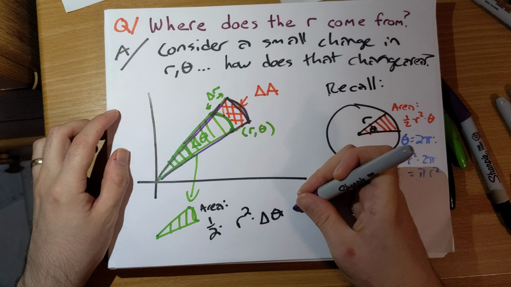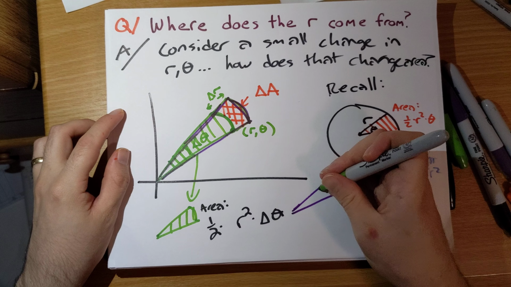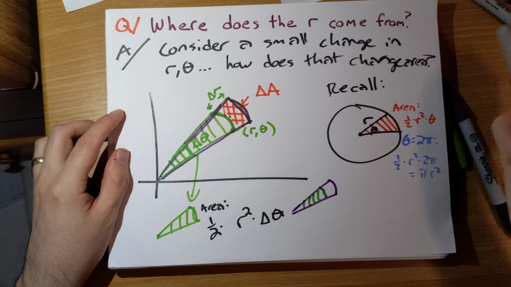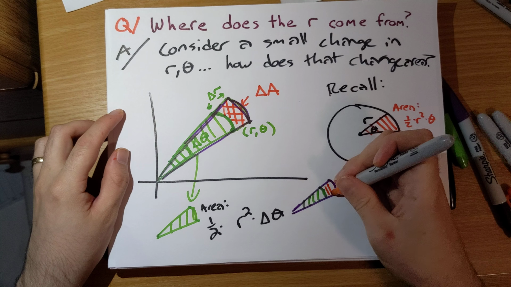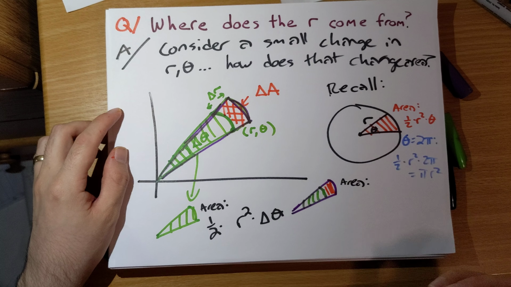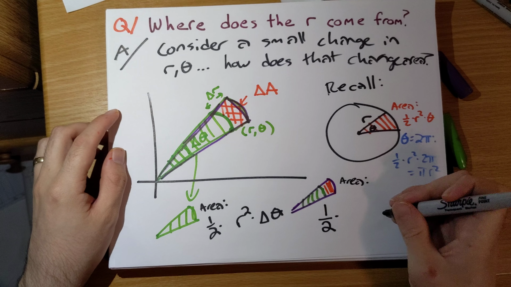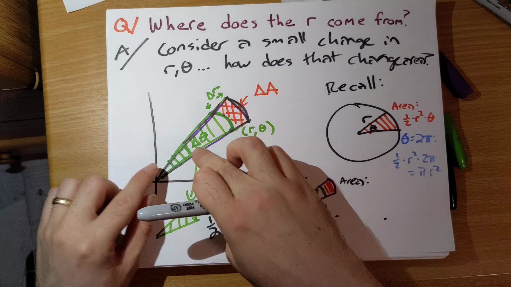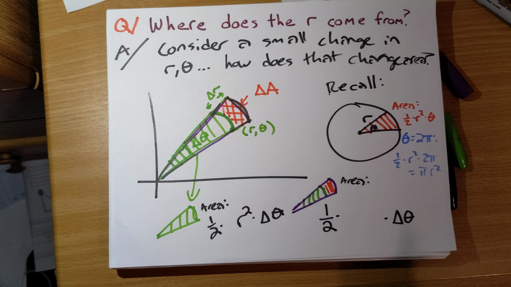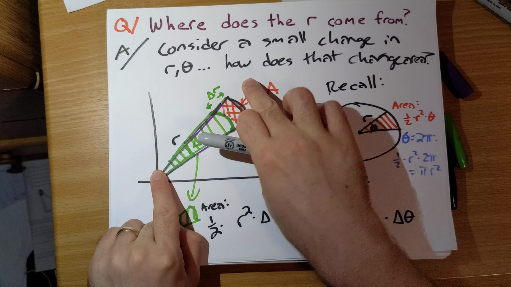How about the area of the bigger region? So not just that down there, but that with the orange region up there. Well, it's going to be 1/2 times the angle, which is still delta theta, and the radius here is r plus delta r.